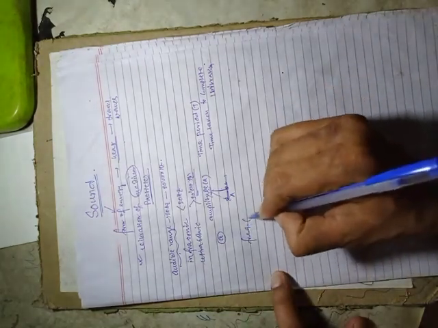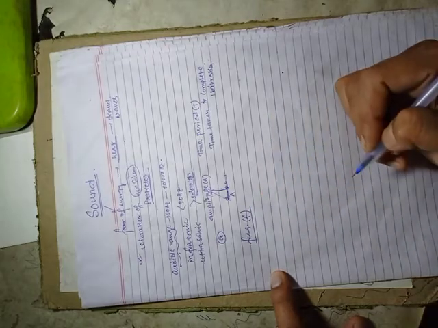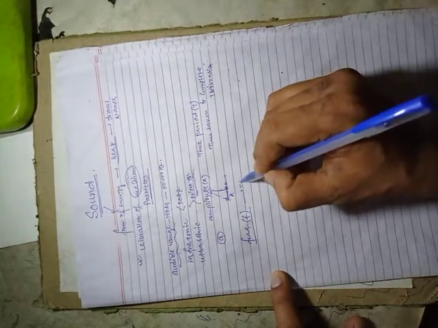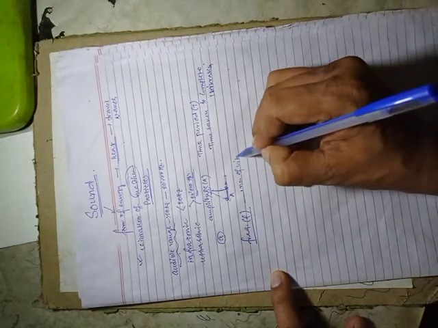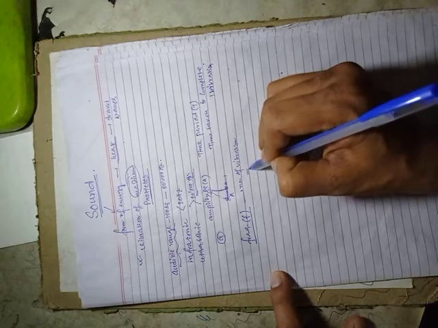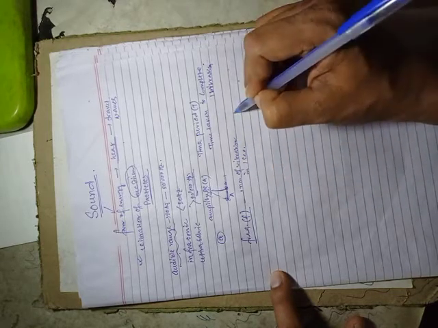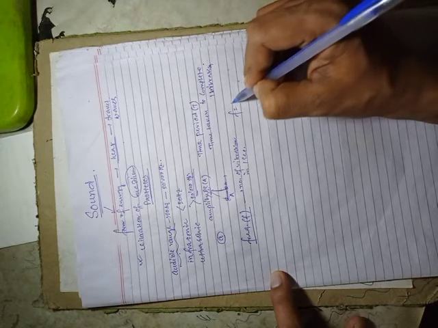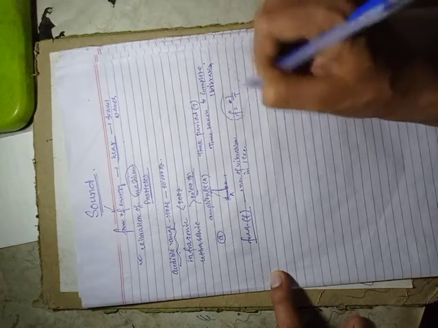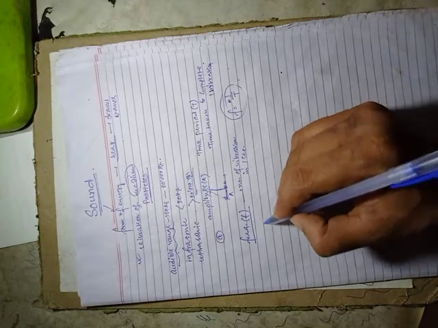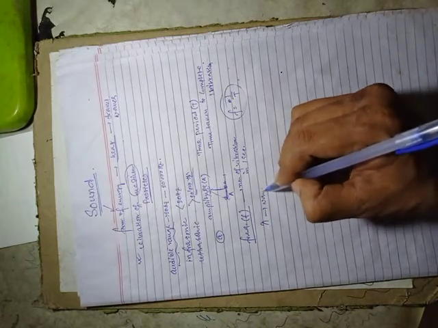Frequency is the number of vibrations in 1 second. The relation between time period and frequency is frequency equal to 1 by time period, which you learned in class 9. And lambda is called wavelength.